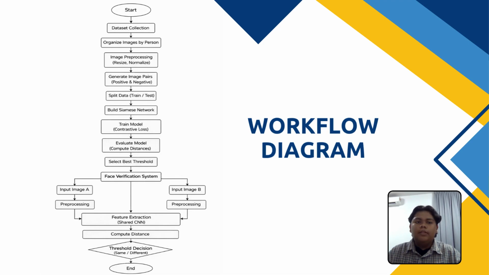In the final stage, the face verification system takes two input images, pre-processes them, and extracts the features using the trained model. It computes the distance between them and compares this distance with the threshold to output whether the faces belong to the same person or a different person.